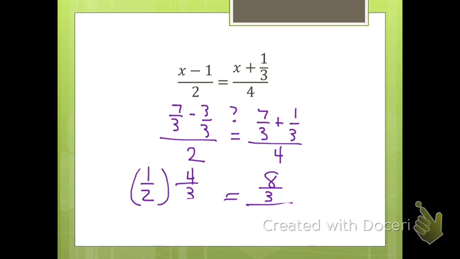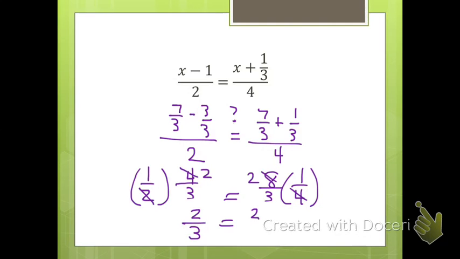And divided by 4 would be times 1/4. That cancels there. This cancels here, and I get that 2/3 equals 2/3. So it does check out. x equals 7/3 is the solution to this equation.